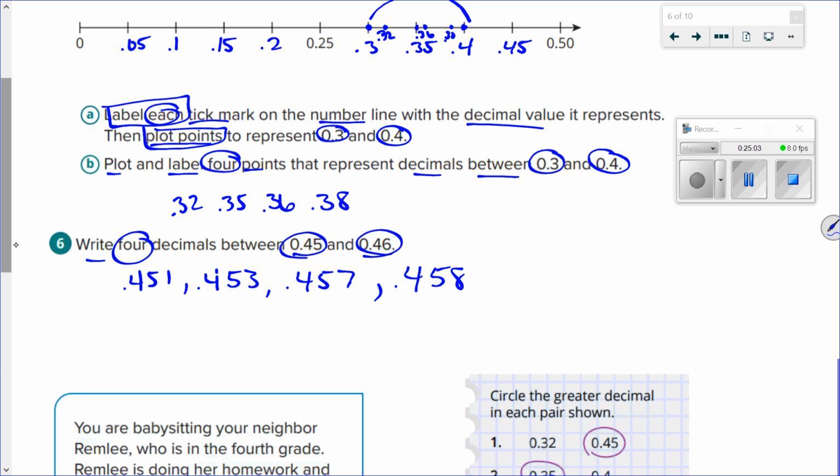Doesn't have to be those numbers. Technically, I could have done 451 hundredths and then 4,512 ten-thousandths. That would also work. The bottom line, all of your numbers should have a 0.45 to start. Yes? Sure. 4, 5, 3, 1, 8.